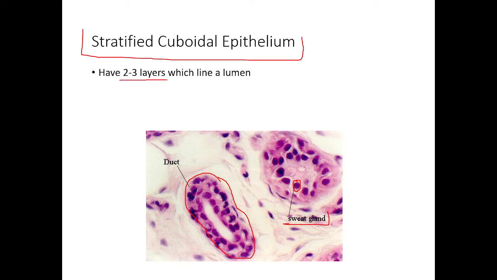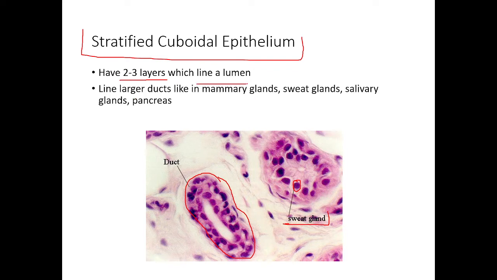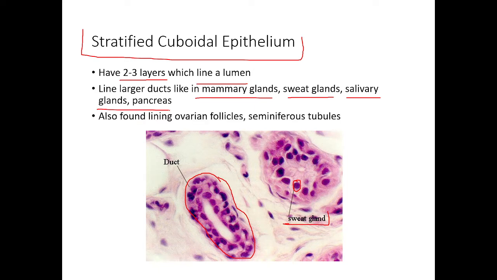They have 2 to 3 layers which line a lumen, lining larger ducts like a mammary gland, sweat gland, salivary gland, or pancreas. Also found lining the ovarian follicles or seminiferous tubules in testes.